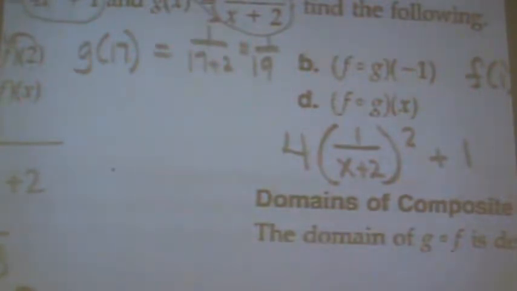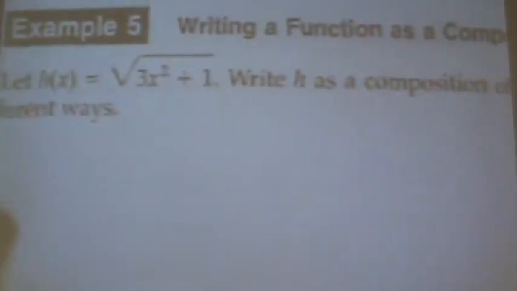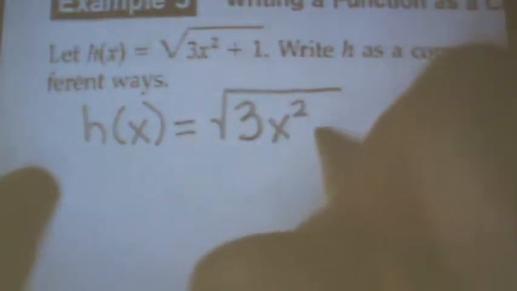Okay, now I wanna go to example 5. This is tricky. You are going to be given a function named h of x. The rule for this is the square root of 3x squared plus 1.